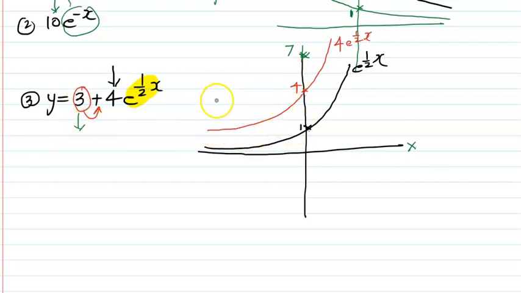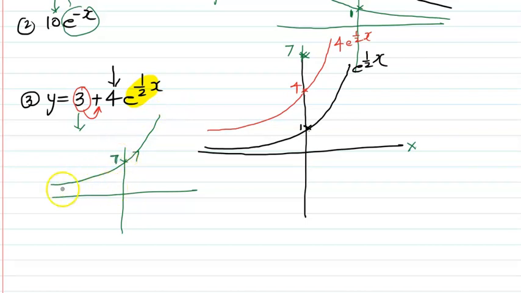Let me draw a line here for the 7 line, because there is not enough space. So it will be going like this, this point is 7, and the asymptote here is y equal to 3. This is the graph of y equal to 3 plus 4 e to the power half x.